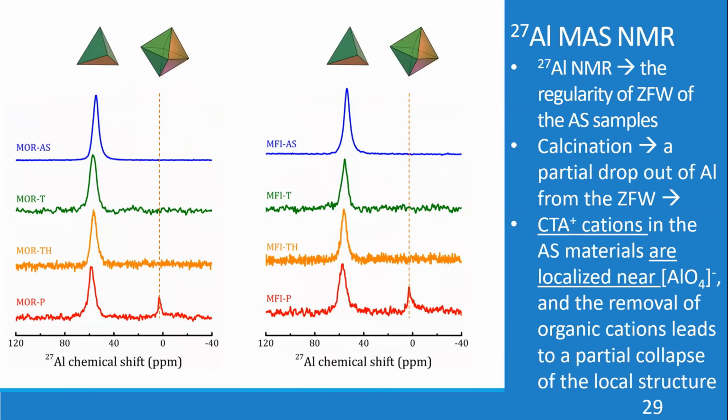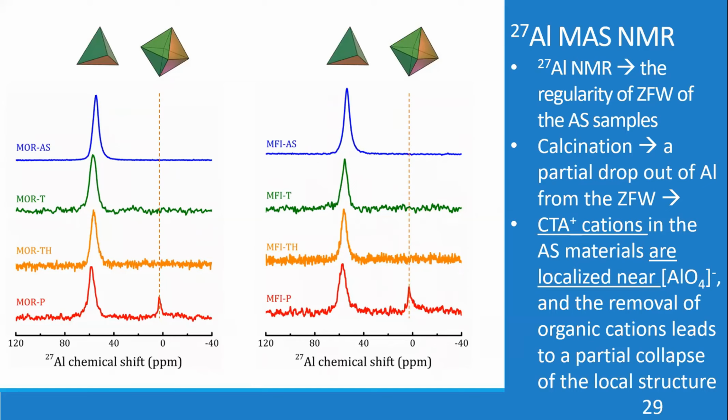In fact, aluminum MAS NMR is a rather typical and routine procedure to test the perfectness of the zeolitic framework. As I said, according to the XRD data, we know that our synthesized materials have a specific zeolite structure, but we don't know how perfect it is.